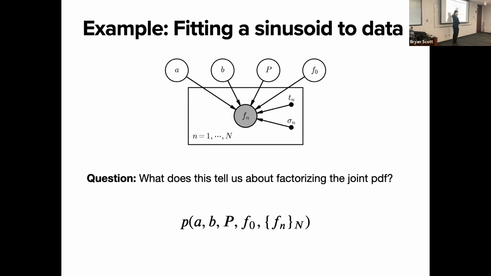So right away, when you see a graphical model and you see nodes or vertices where there's nothing pointing in, that tells you that when we factorize, those things are just going to have P of things. So it'll be P of A, P of B, P of E, and P of F naught. And those are going to be the prior probability distributions over those 4 parameters. So however we end up doing the factorization, we'll see that.